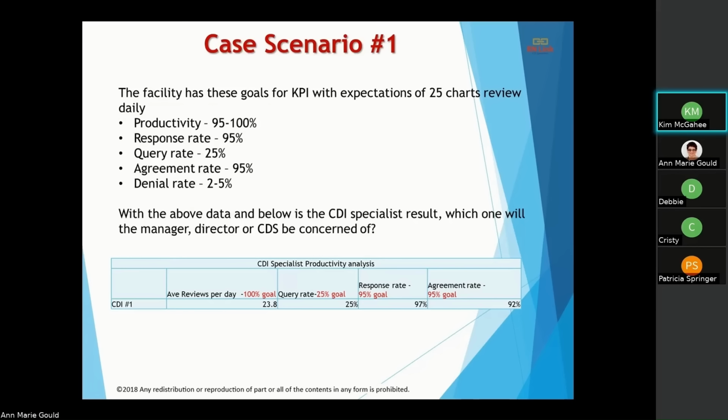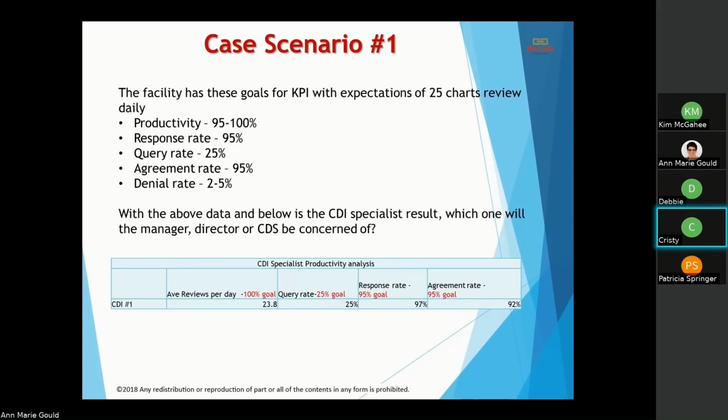We could revise that question, but the goal of the question is which will be the concern of the manager or the director when you see this. So they'll be concerned with both of those. I should have said which of those will be a concern for the manager or the director. Right, yeah, thank you.